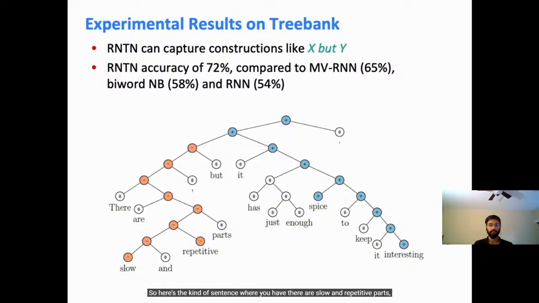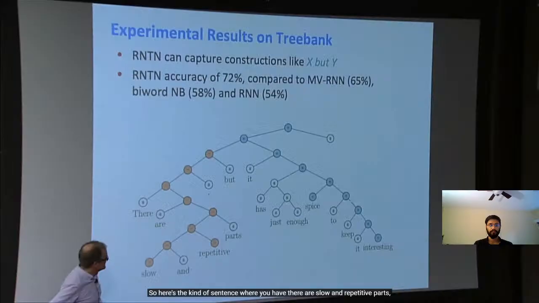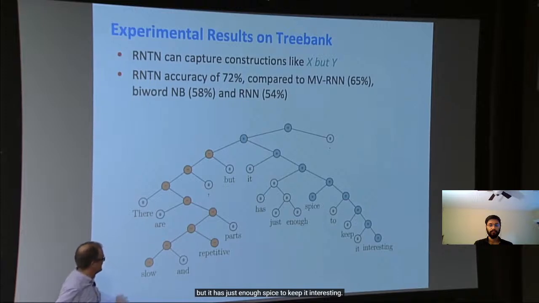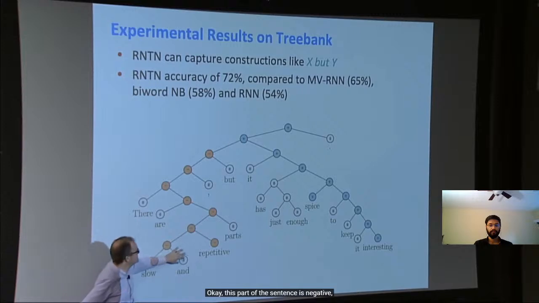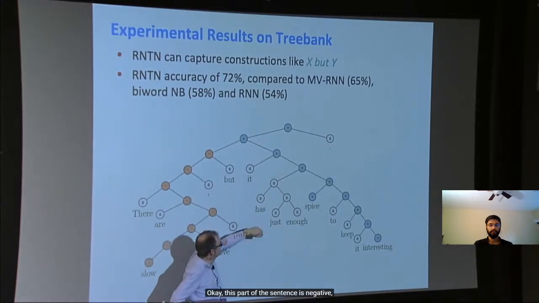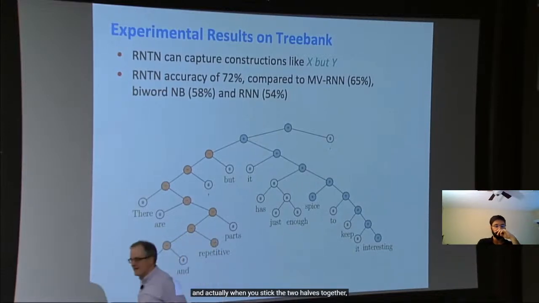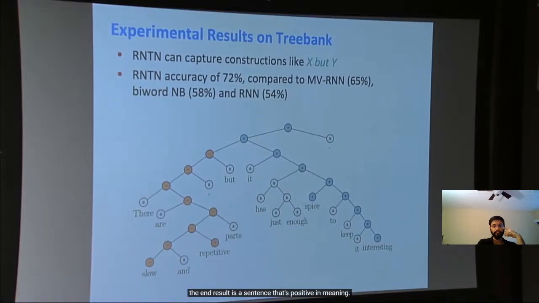So here's the kind of sentence where there are slow and repetitive parts, but it has just enough spice to keep it interesting. And the model seemed pretty good at understanding, okay, this part of the sentence is negative, this part of the sentence is positive, and actually when you stick the two halves together, the end result is a sentence that's positive in meaning.